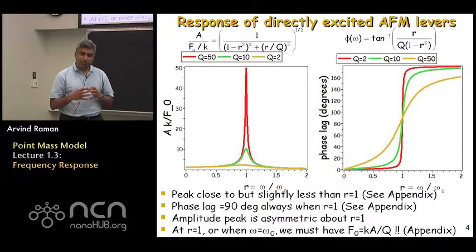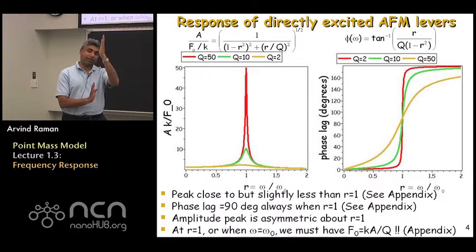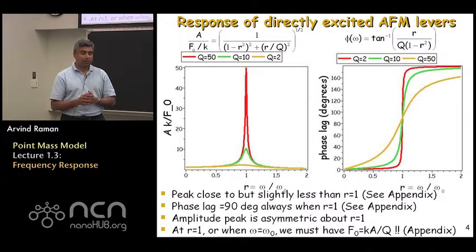But there are a few important things I want to highlight about this amplitude response, or what we call the magnitude of the transfer function. The first is the value of R at which you hit the peak. It seems that you hit the peak when R equals 1. R equals 1 is when excitation frequency equals omega naught.